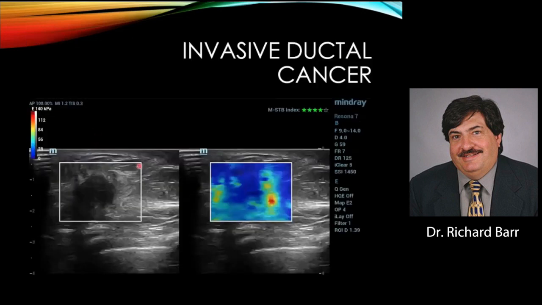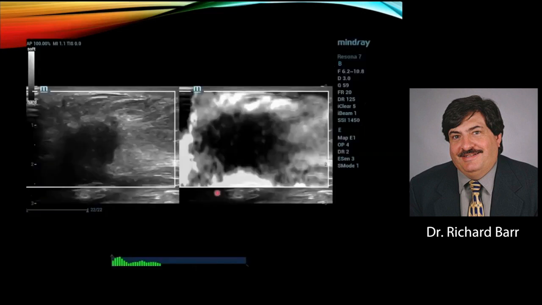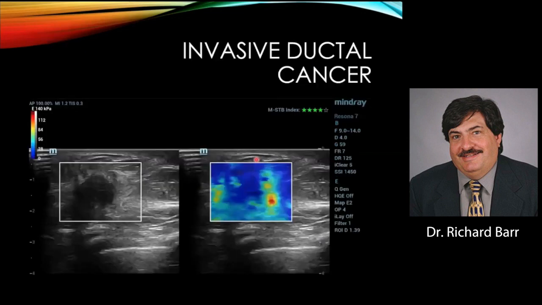So here we are in shear wave. Same lesion. You'll notice that if we go by the color scale, the cancer for the most part is very soft centrally, but we have this high rim of stiffness in that extra area that we noticed on the strain. So remember how big this lesion was on strain? You'll notice that that area that's extra on the strain turns out to be very stiff.